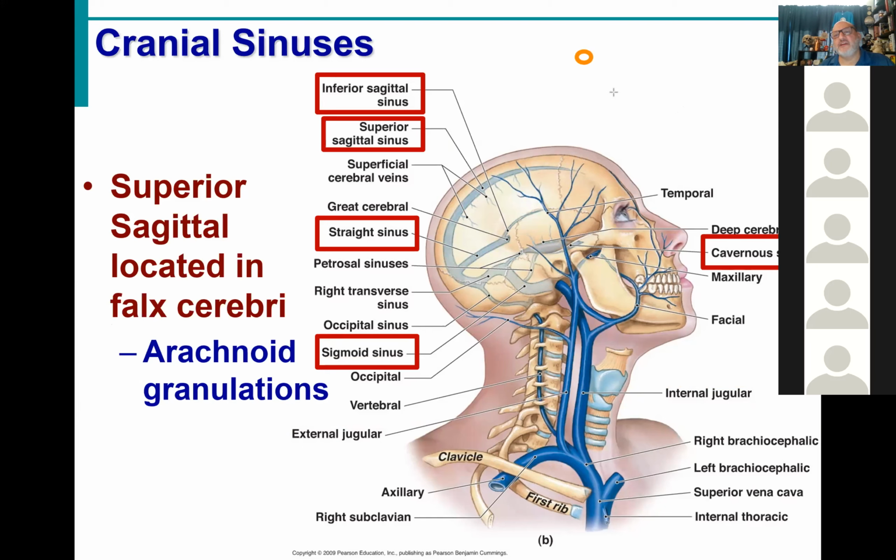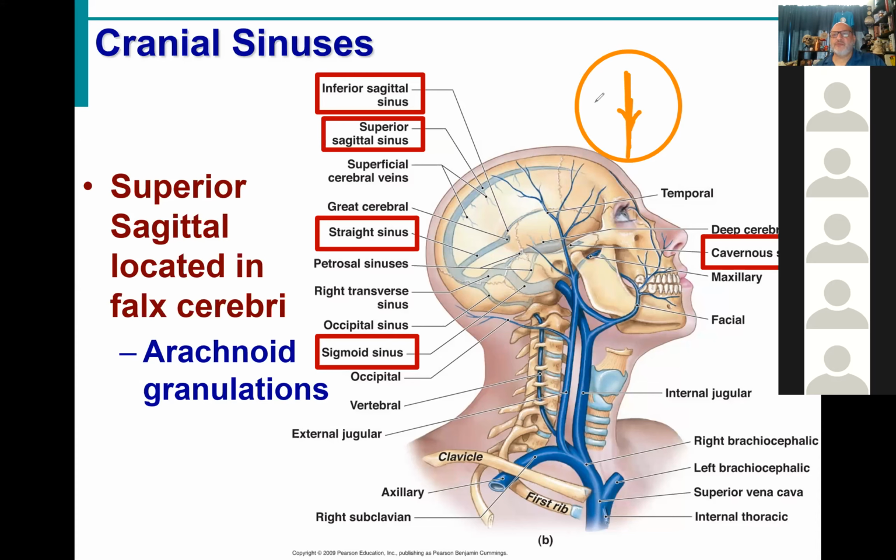If we were to look at the cranial cavity from the top, as we mentioned, the superior, inferior, straight, cavernous, sigmoid, all of those are basically on the midline. Now, the sigmoid does branch to feed into the two internal carotids. And we have two internal carotids that come off the two sides.